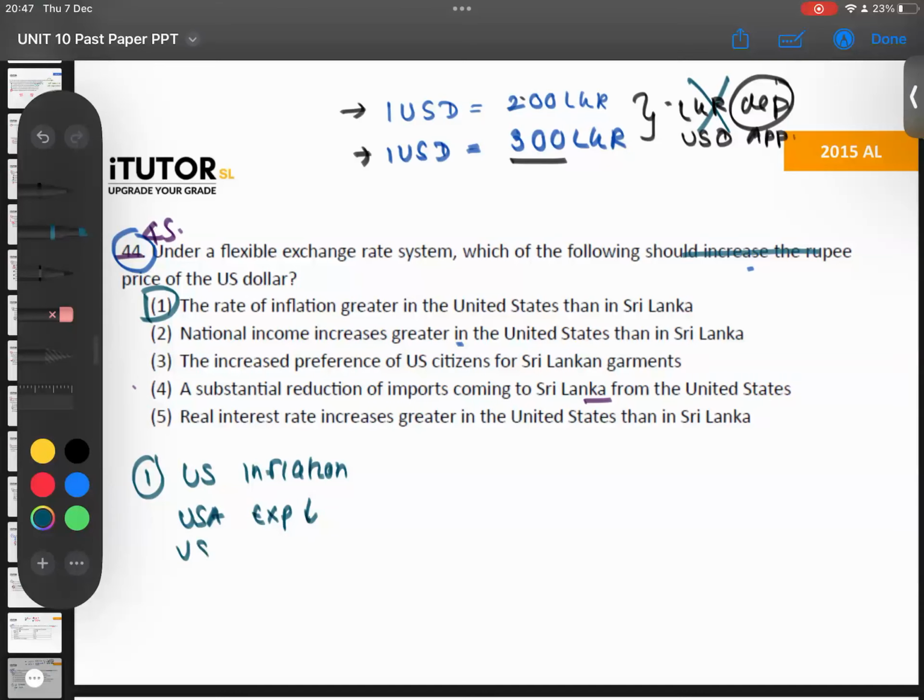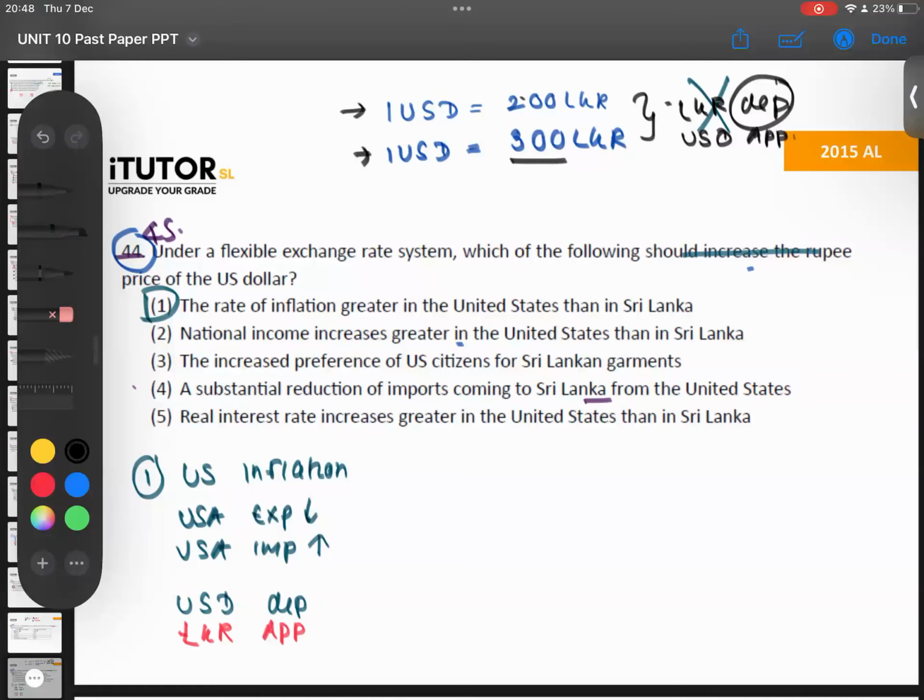So the USA will import more. If the USA is exporting less and importing more, what happens to the US dollar? The US dollar depreciates. On the other side, what can you tell about the LKR? LKR will appreciate. That's how you think of the first one.